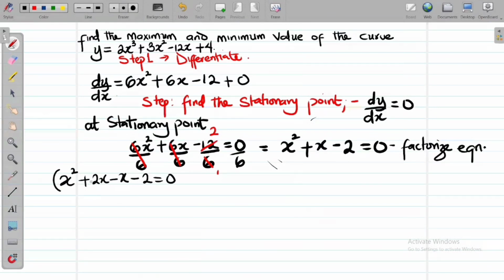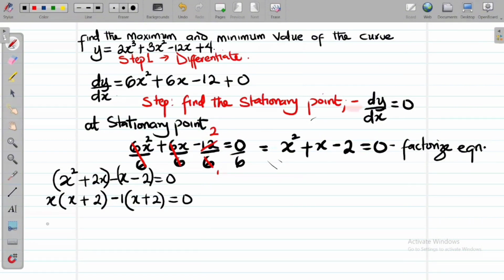So if I put a bracket on these ones, by factorizing, I'm going to have x(x + 2), and minus 1 times (x + 2). Because if minus opens the bracket, I'm going to get a minus: minus times this gives a minus, and minus times this plus also gives a minus. Everything is equal to 0.